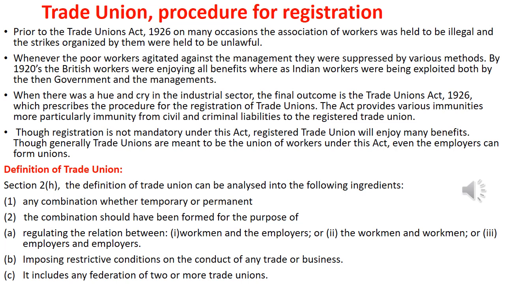So these are all combinations, whether the trade union is a temporary or permanent one, and it should be formed for the purpose of regulating the relations between workmen and workmen, employers and workmen, and employers and employers. And if there are restrictive conditions, and it is also a combination of two or more trade unions, all this combination is nothing but a trade union.